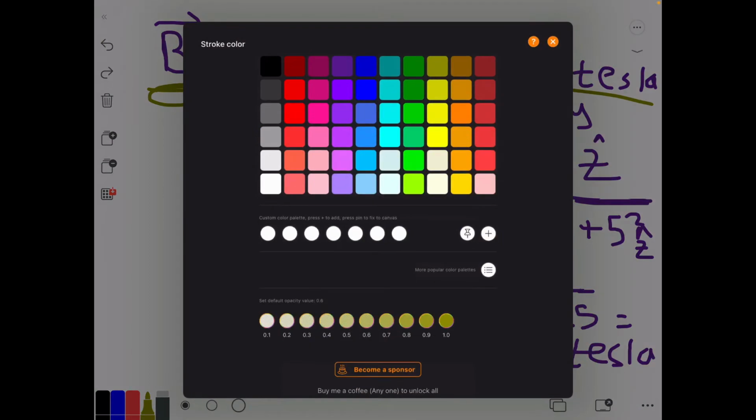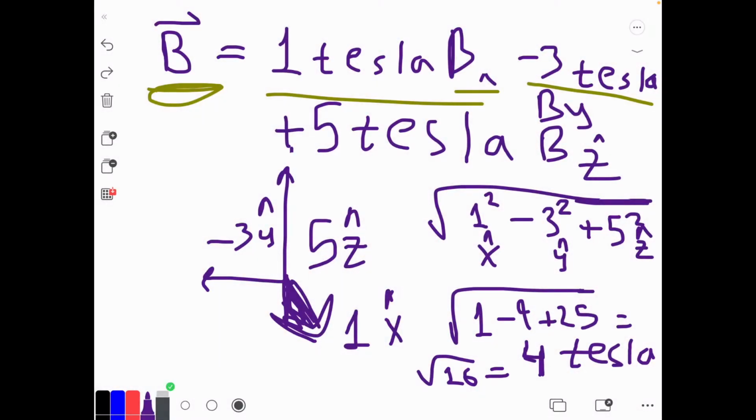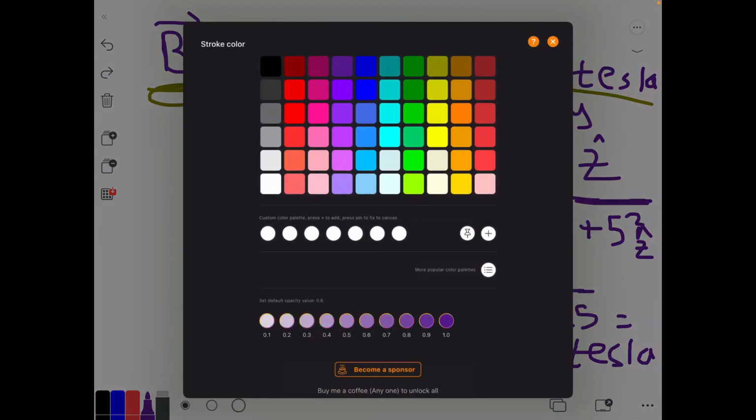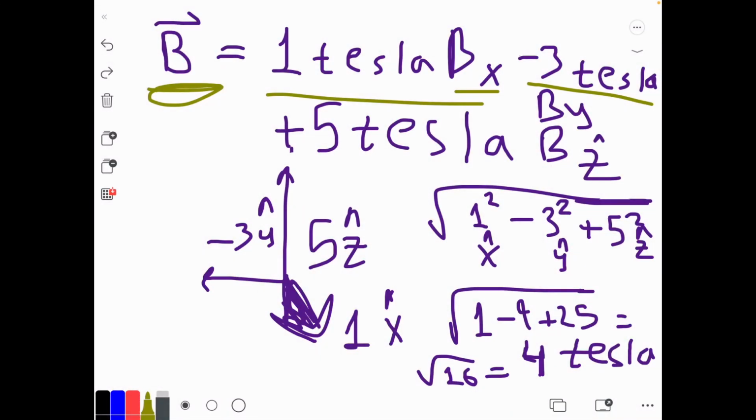Now they tell us to find the magnitude of this. Remember that this is not really different or difficult from what we used to do with vectors, because we still have components. We just have Tesla, which is a magnetic field unit.